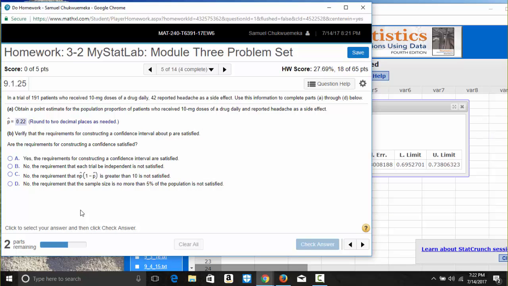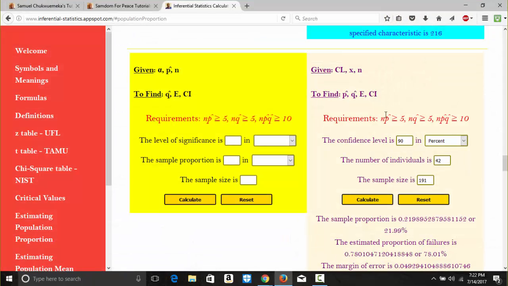Then they said, B, verify that the requirements for constructing a confidence interval about P are satisfied. So these are the requirements here. I put it here. When you multiply n times p hat times q hat, it should be greater than or equal to 10. It should be at least 10.